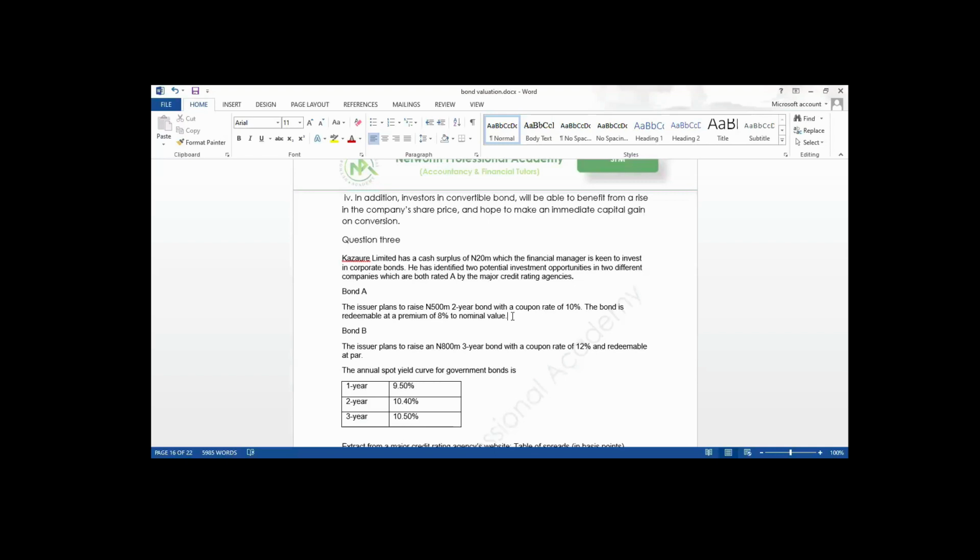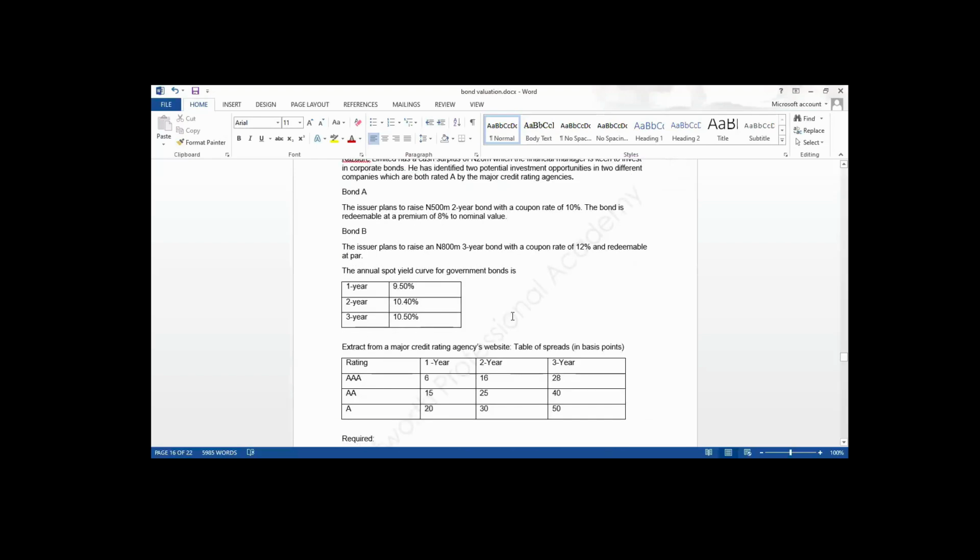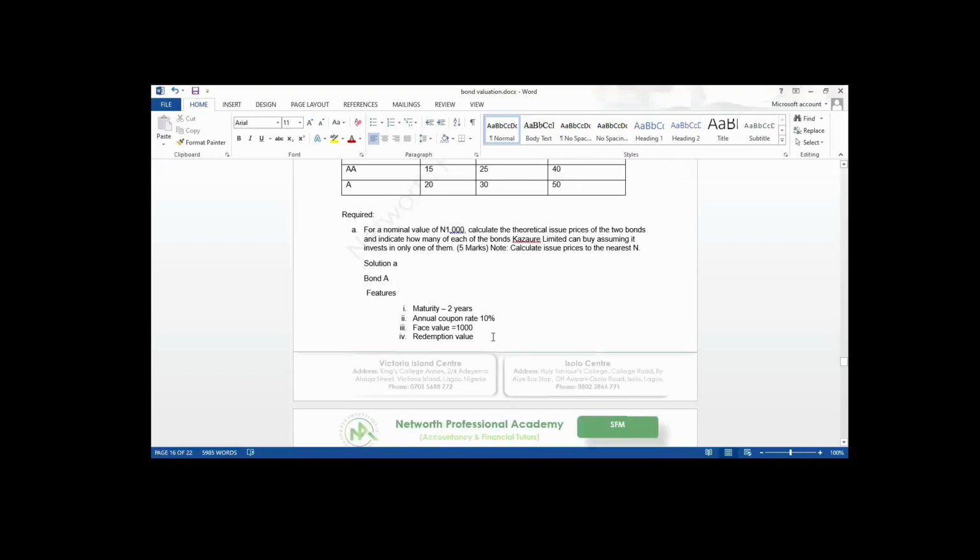What you need to do is to compute 8% of 1,000 and add it back to 1,000. That will give us the redemption value at an 8% premium.